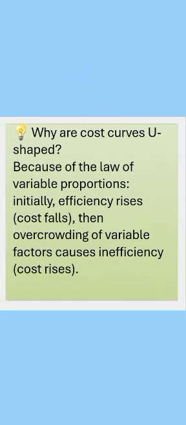Now, why are costs U-shaped? Actually, I explained it earlier, but let me just bring it to the fore again. It is because of the law of variable proportions, so the U-shaped curve is expressing the observation of the law of variable proportions. Initially, efficiency rises, so cost falls.